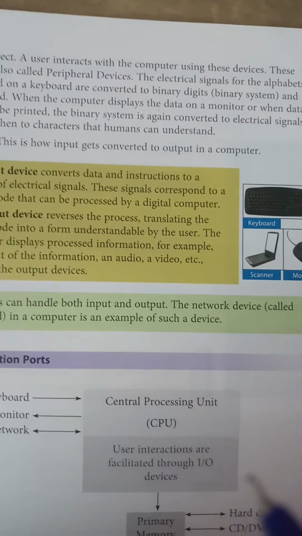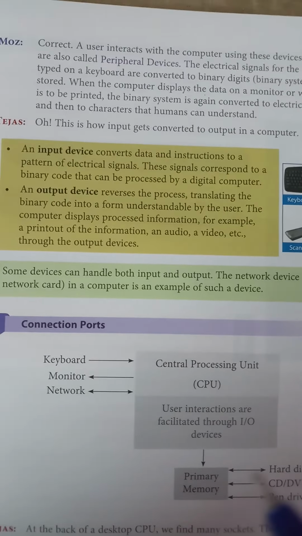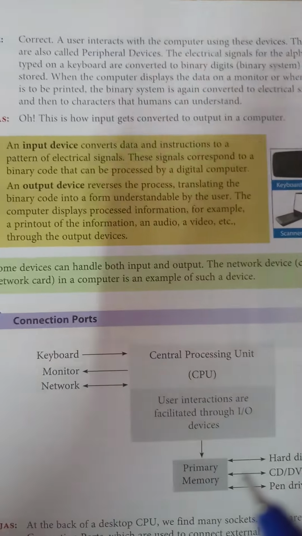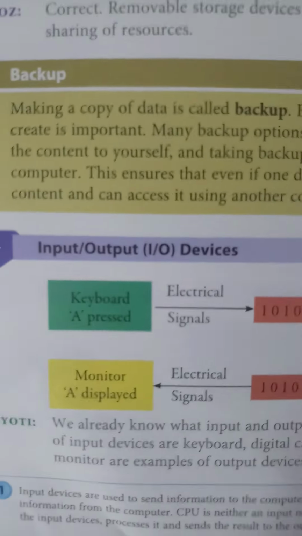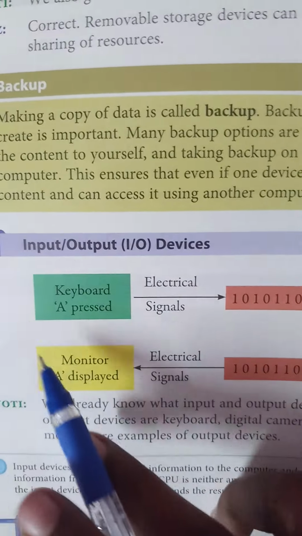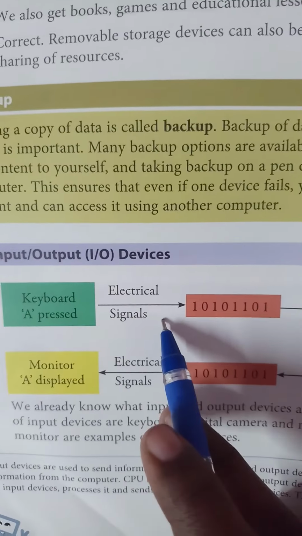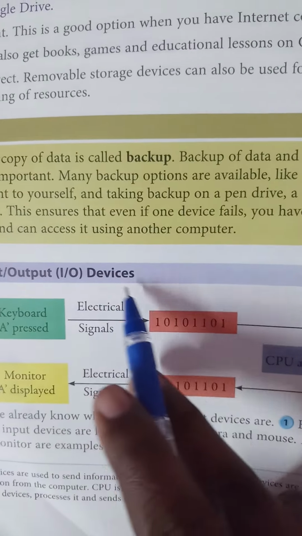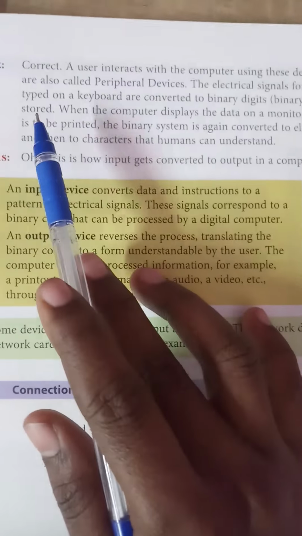The electrical signals from the alphabets typed on a keyboard are converted to the binary system. So here they are explaining this process. When you press A, it changes into electrical signals, is converted into binary digits and stored.